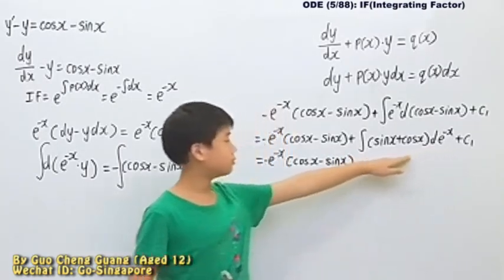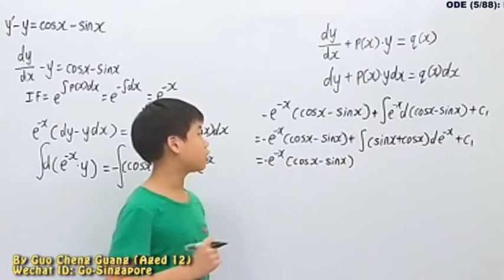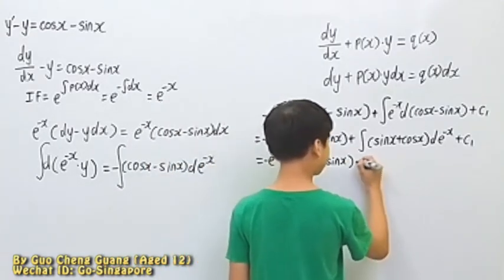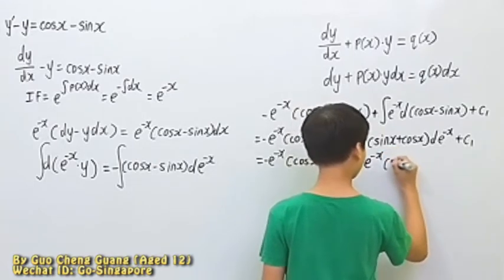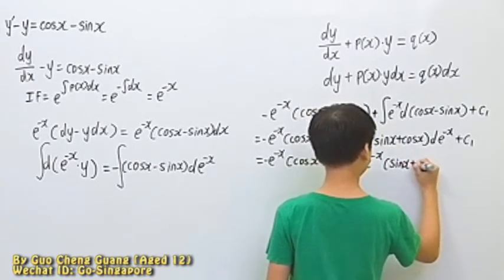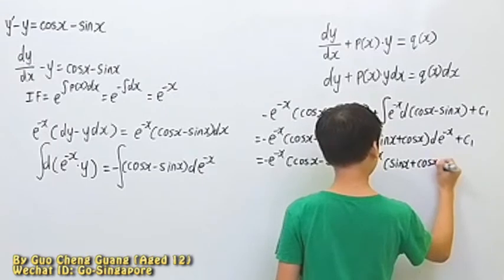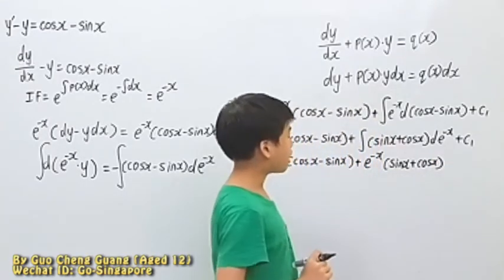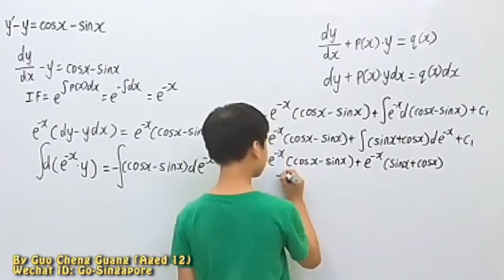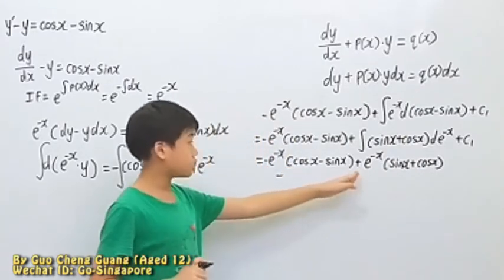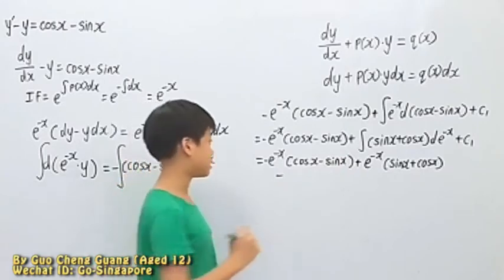Now this part, again, we use integral by parts. Then how about the other part? Well, with these two change place again. But be careful, since here is a plus, here is a minus.